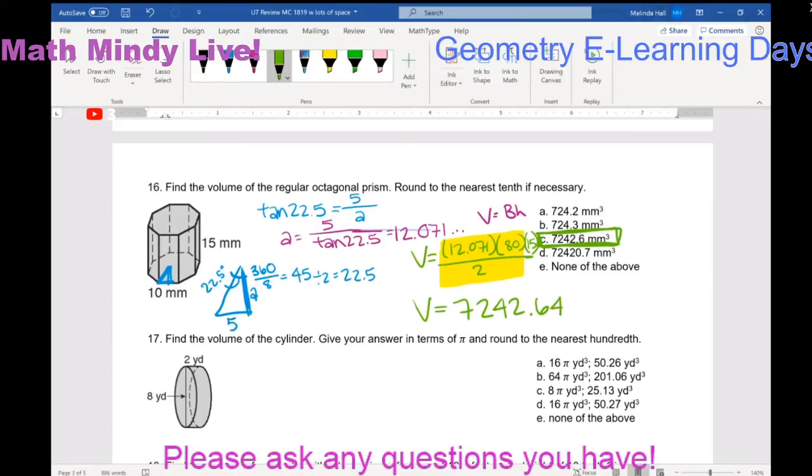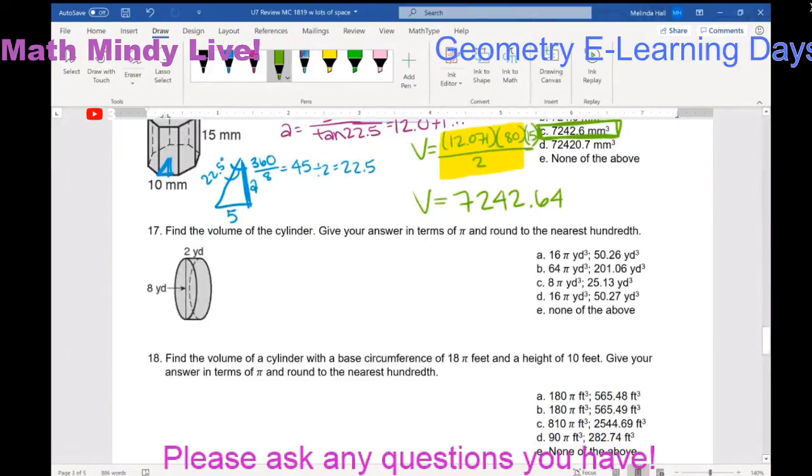So then for 17, we want it in terms of pi and rounded to the nearest hundredth. Since this is a cylinder, we're going to have volume is base area times height still, but that just becomes pi r squared. Oops, if my diameter is 8, my radius would be 4 because it's half of that. And then my height is 2.